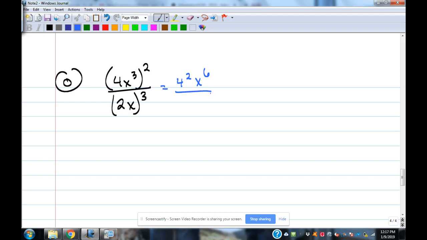On the bottom, we're going to have 2 to the 3rd, x to the 3rd, because it's 1 times 3, right? Now we can do the x's. Those have the same base, and now we can work those. So that's going to give me 4 squared x to the what? 6 minus 3 is 3. And then we have 2 cubed on the bottom.